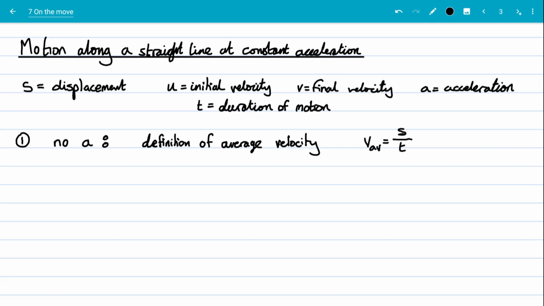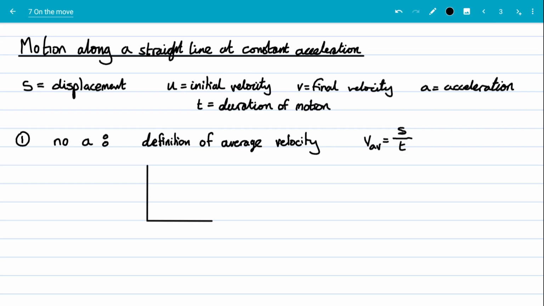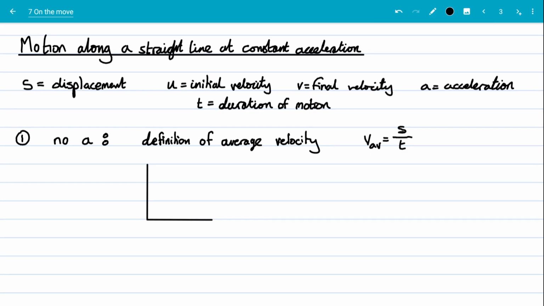But that's not all, because average velocity, if the motion has constant acceleration, we can calculate it another way. So if I take a graph like this, make it nice and small, and I write down on this axis here, let's put velocity, and this axis here, let's put time, then you'll remember that the displacement is the area under this line.